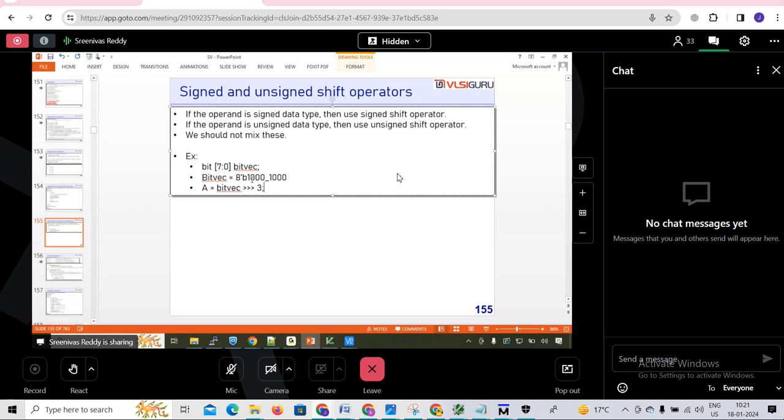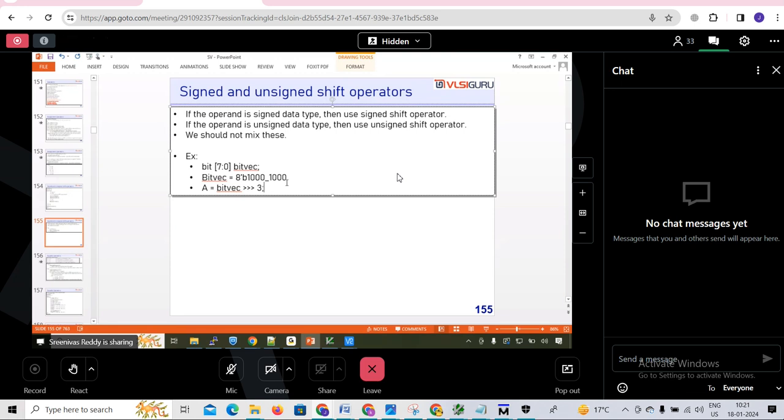Ideally, if you shift by 3 positions, this one will come here, this one will come here. Ideally, our expectation is what? 16 plus 1, 17. But it will give something else. You got it? So a simple guideline.